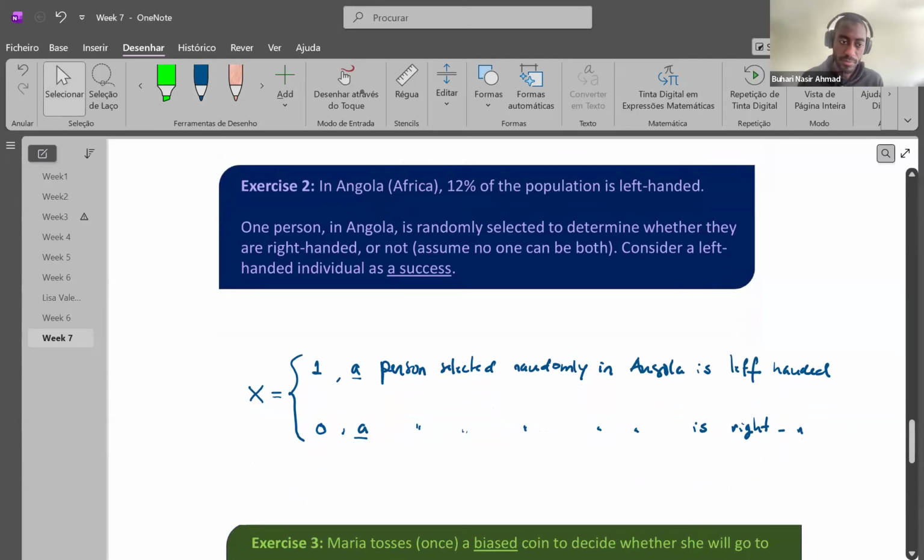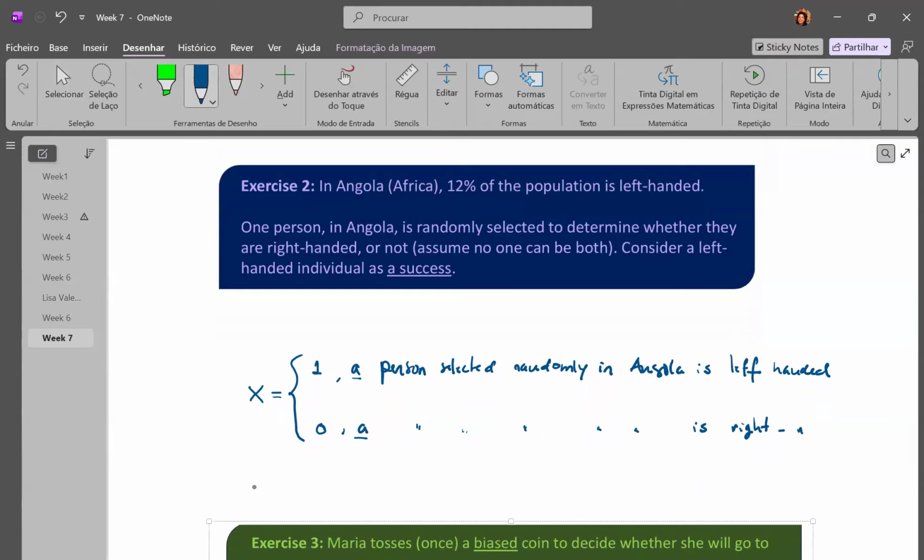Yes, Professor. Okay. Now we need to identify, so we said that the Bernoulli is identified by these characteristics here. It is also identified by its parameter. So when we write x is a Bernoulli of parameter p, we say p is the probability of success.